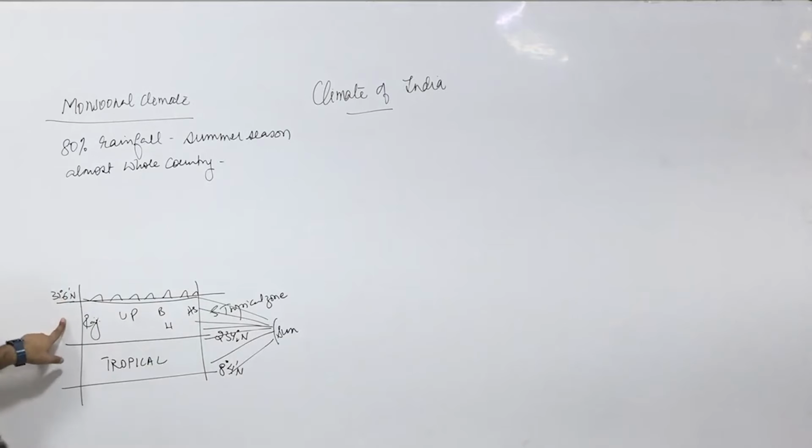So the amount of insolation received over the surface in the subtropical areas will be high or low? It will be high. It is on the Tropic of Cancer, so this also will have almost high insolation, right?